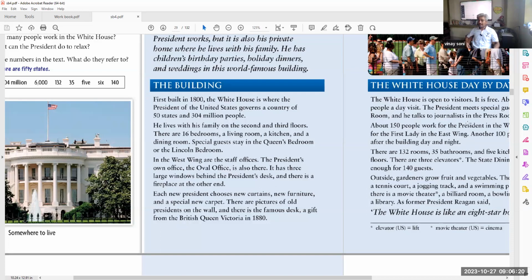Okay, so India has 28 states and the US has 50 states. The US is a country of 50 states and the population of the US is 304 million. The population of India is 1.3 billion, 1.4 billion.